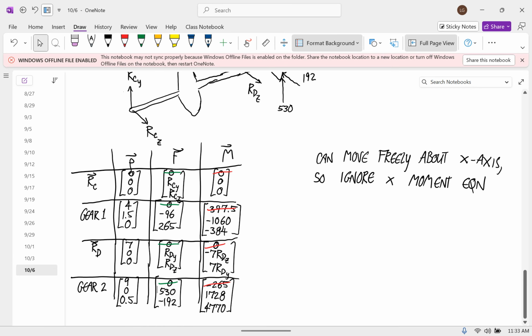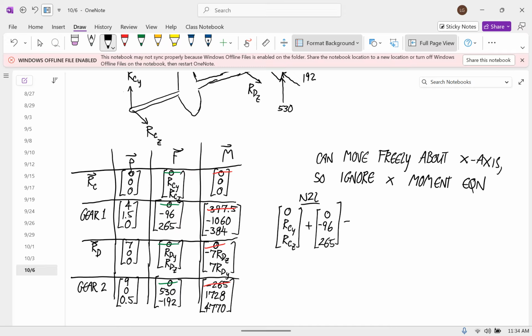So Newton's second law. Let's just put all these together. So we got 0, RCY, RCZ, plus 0, negative 96, 265, plus 0, RDY, RDZ, plus 0, 530, negative 192, is equal to zeros.